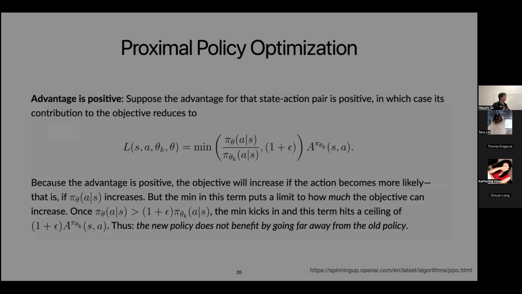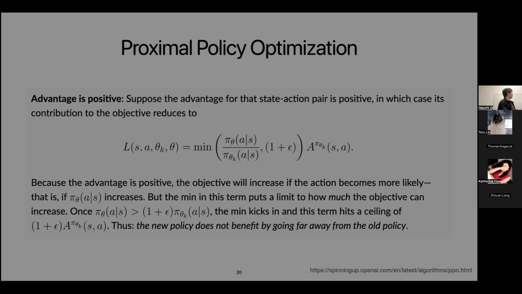So imagine you have an advantage function that is positive, which means that at the current state, taking this action is good, because by definition the advantage function is the goodness of this action at the current state. So firstly, we have this advantage function, and then we also have this one. pi theta k is the current probability of producing the desired action for the current policy parameter theta k.